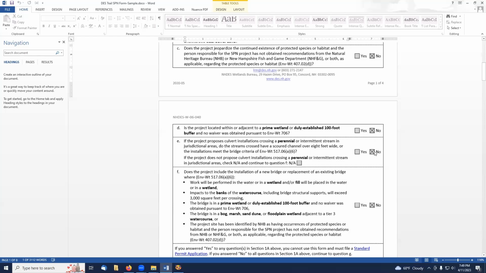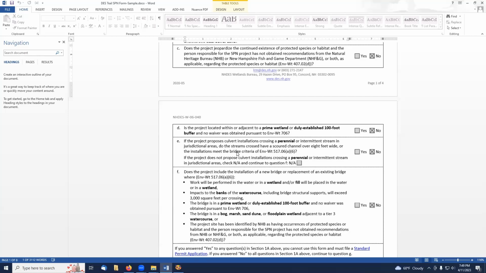So the answer is no, we're not going over an 8-foot wide stream. I can tell you from past experience that you're not going to be able to put in culverts pretty much anything over 3 or 4 feet. Even 3 or 4 feet is pushing it.